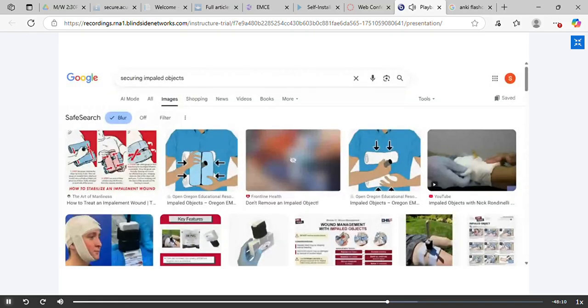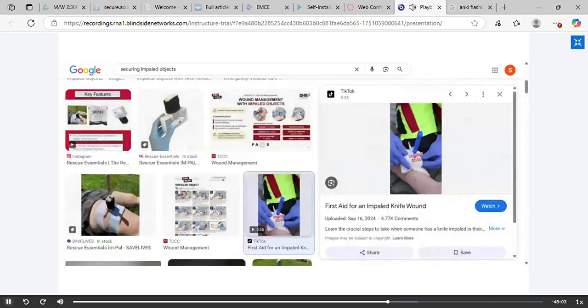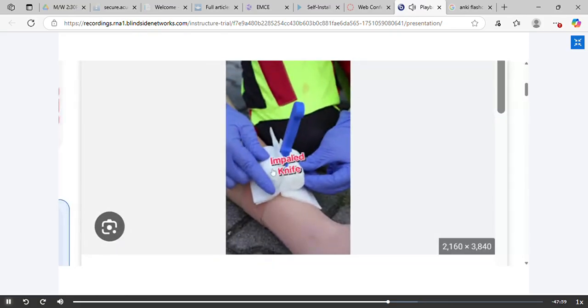Let me see if I can find you a good picture of this. Here we go. I like this one. That right there. Okay. So you've got bulky dressings on each side. All right. This looks like a knife that's going into their arm.